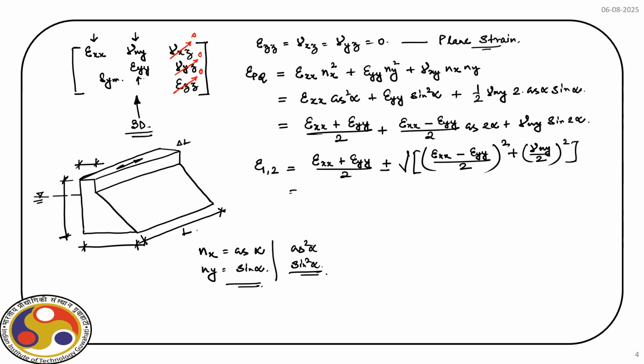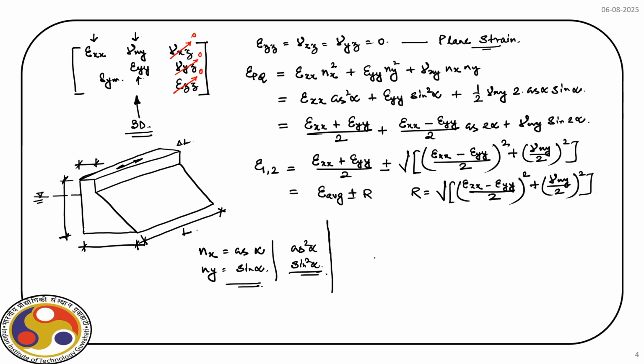In fact, borrowing the same analogy that we discussed in stress analysis, this is epsilon average plus minus R, where R is the radius of the Mohr circle, and that radius is given by the square root of epsilon xx minus epsilon yy by 2 whole square plus gamma xy divided by 2 whole square.